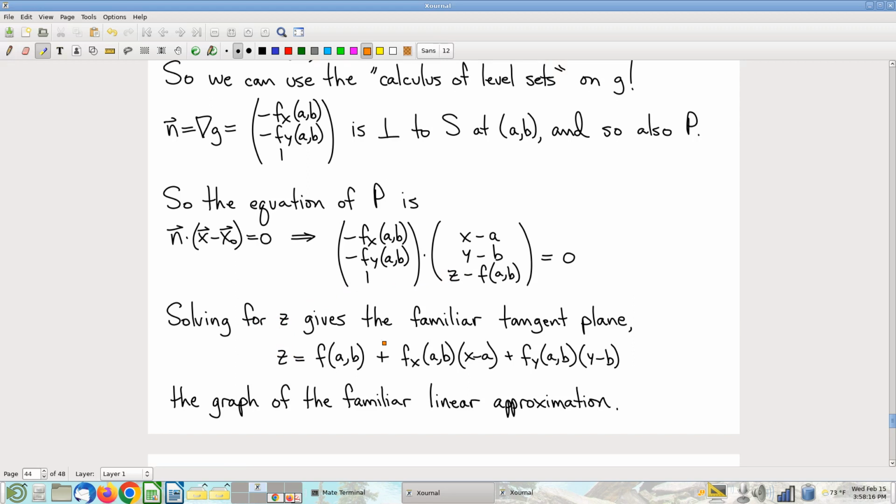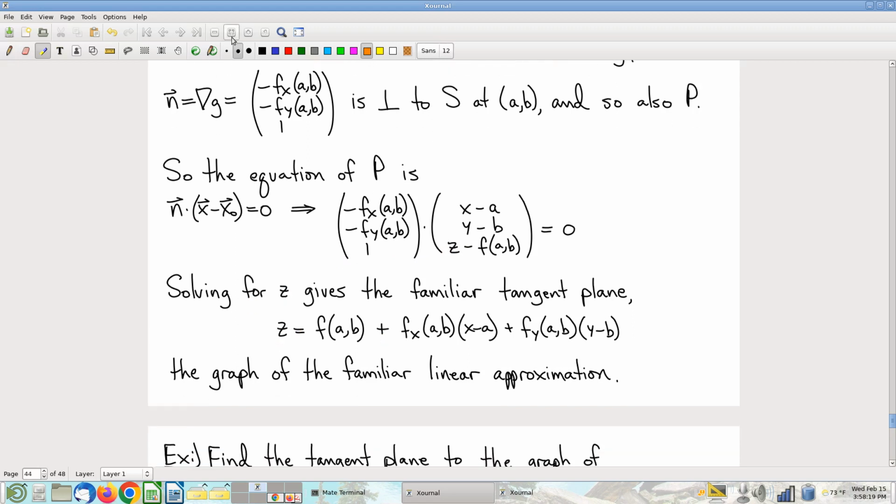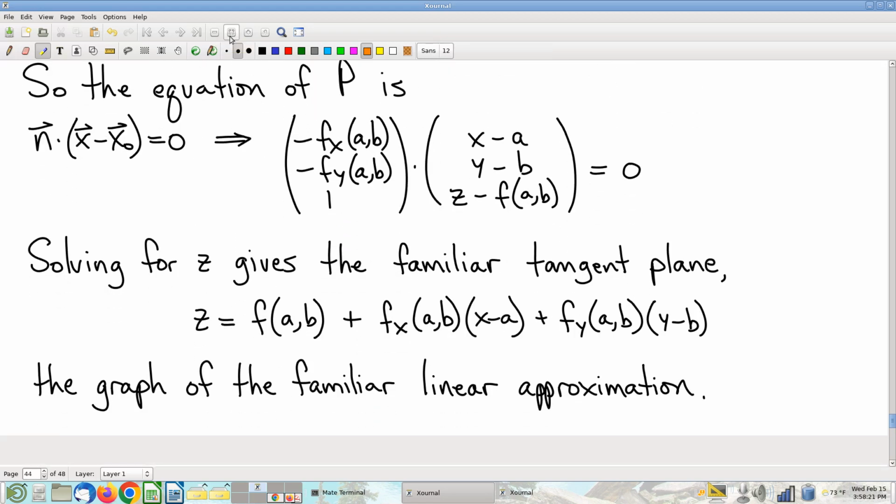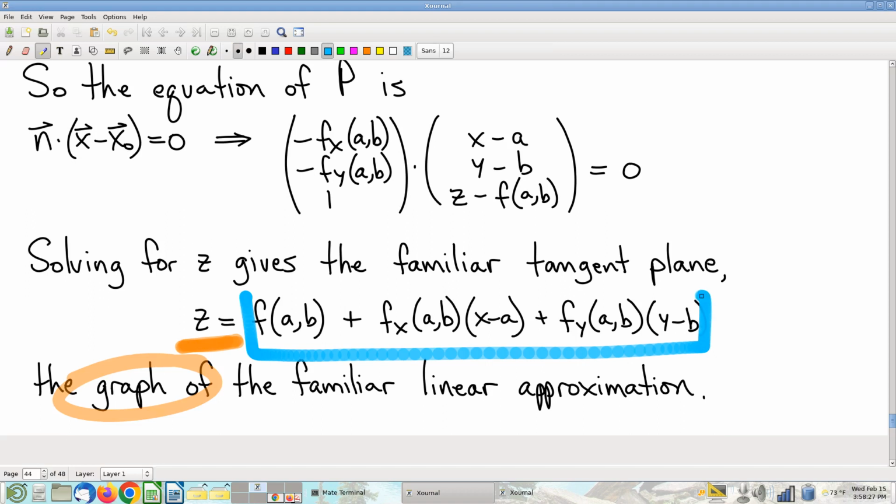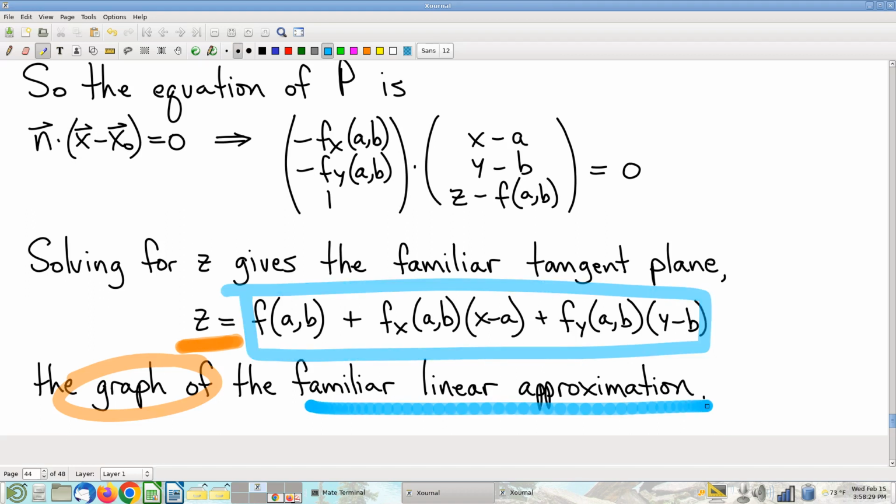Notice we get a familiar result that the tangent plane is the graph of this formula, which you recognize as being the linear approximation. So again, we already knew this result. This is not a new result. What it is, is a new approach. It's a new argument for deriving that familiar result.